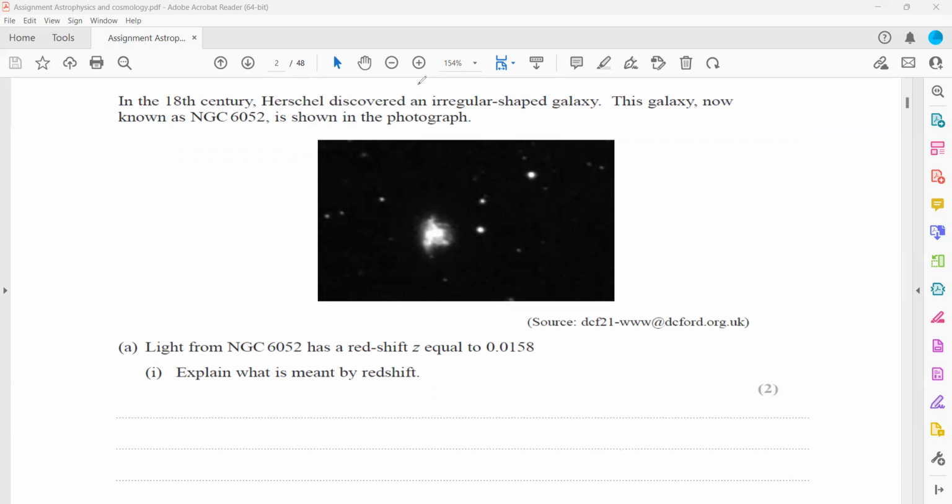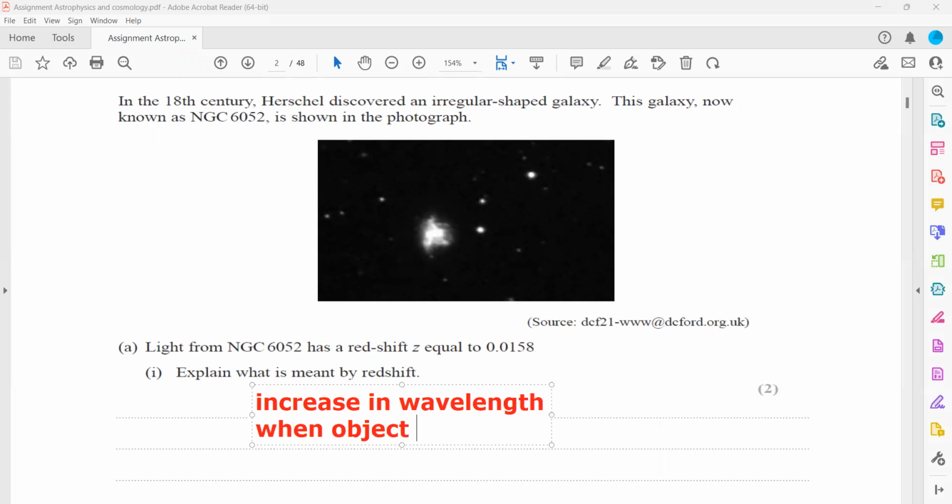So the term redshift always refers to the increase in the wavelength when the object moves away from the observer.